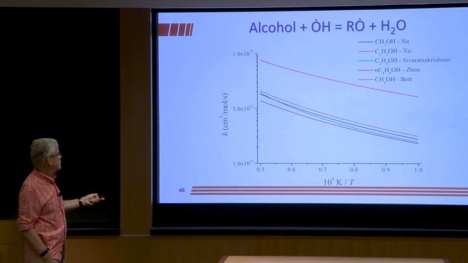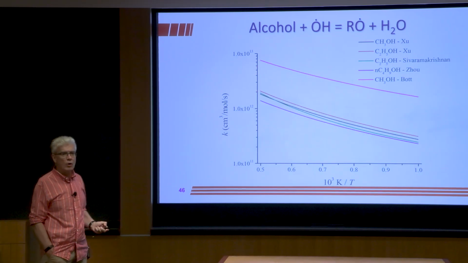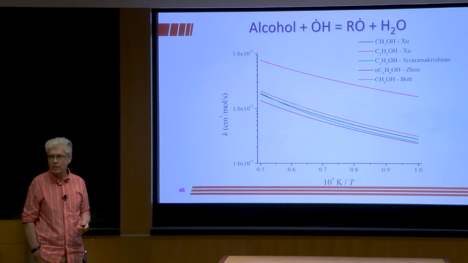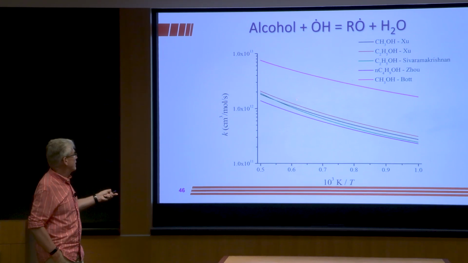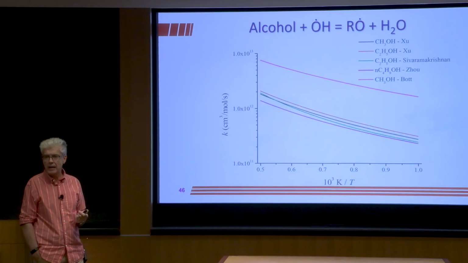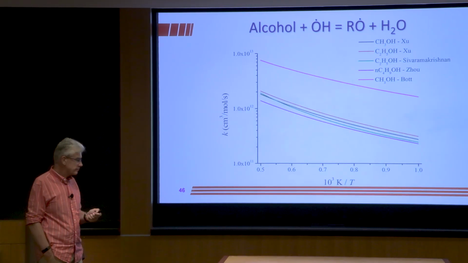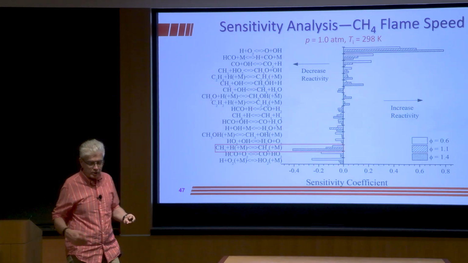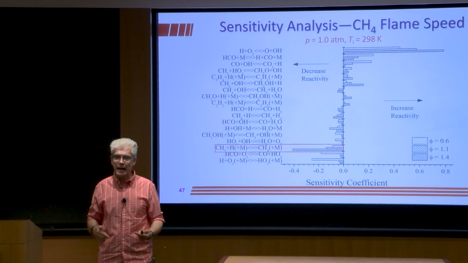But here, the Bott and Cohen rate constant is up here. And it looks like this is 2, 3, 4, 5. It's a factor of 4 or more, maybe a factor of 5 too fast, right? It's certainly much faster than the others. So that rate constant looks to be too fast, right? So you should use, in our opinion, you should use the slower rate for that reaction.